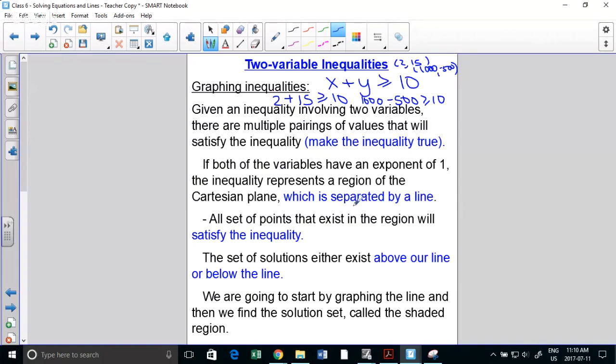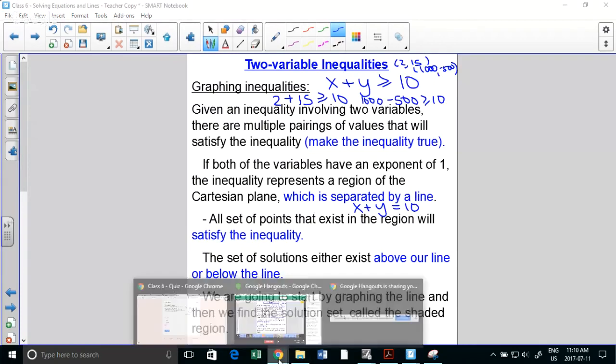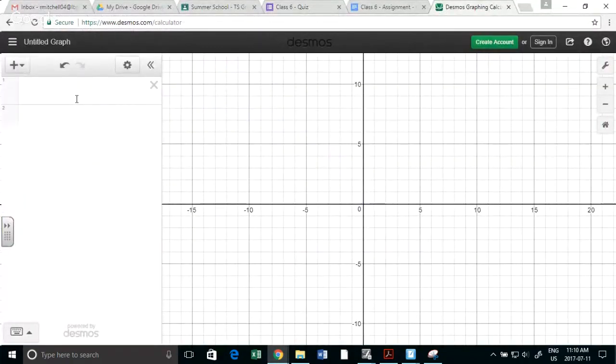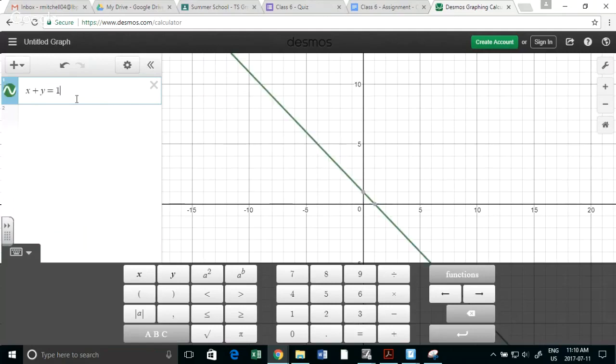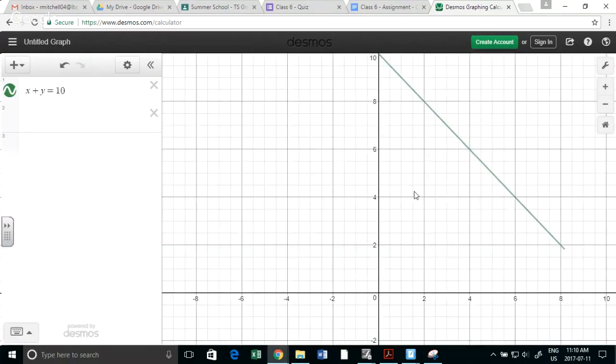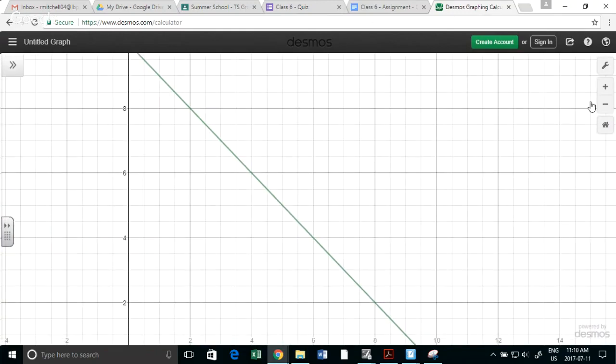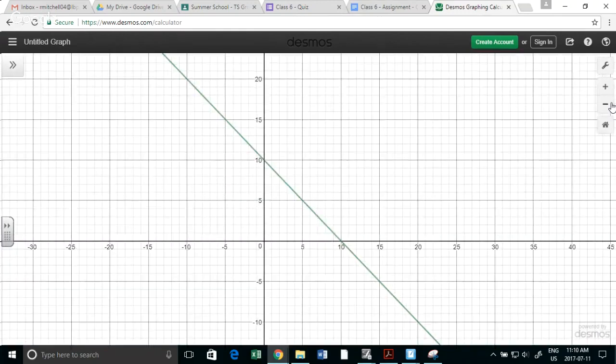Basically, if I have x plus y equals 10, just pretend the inequality isn't there for a second. That's a line. So I could graph my line, x plus y equals 10, and I have a line. What this line does is it separates the Cartesian plane into a top half and a bottom half.